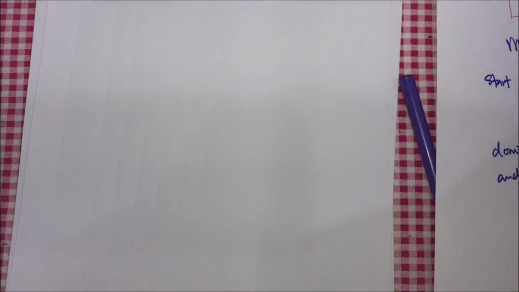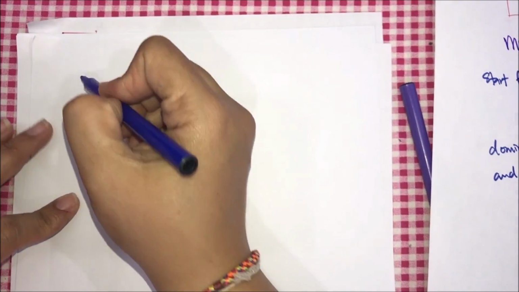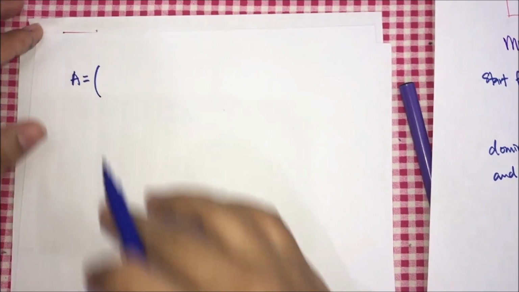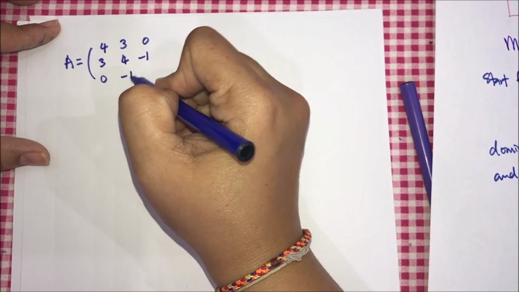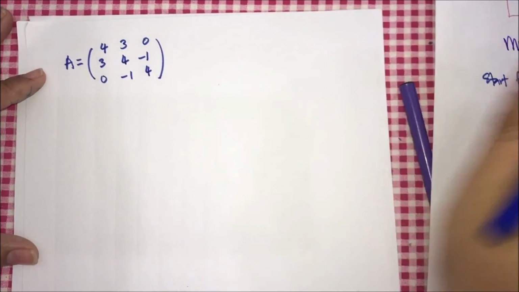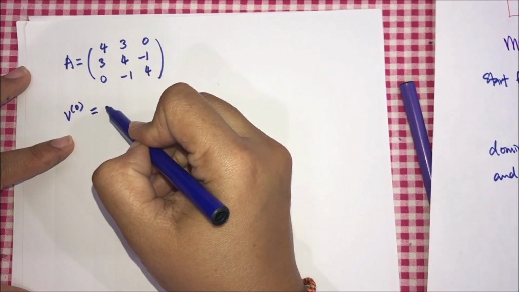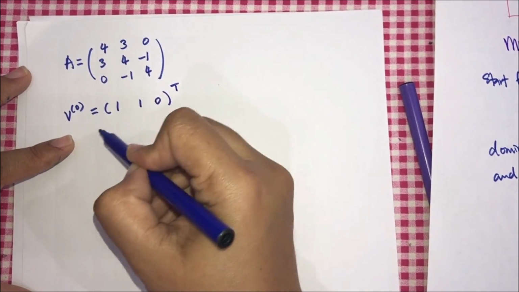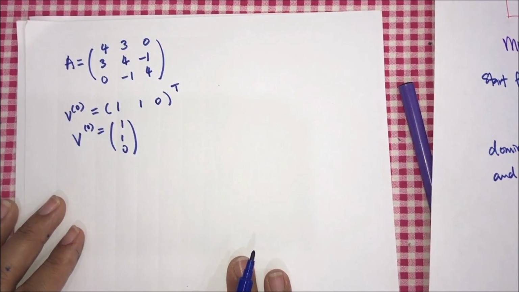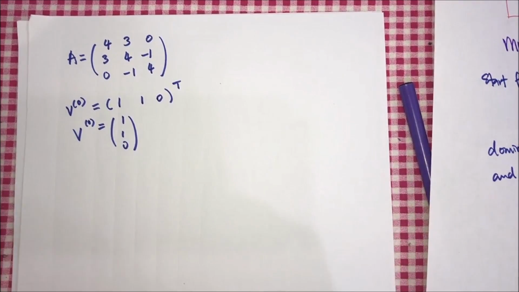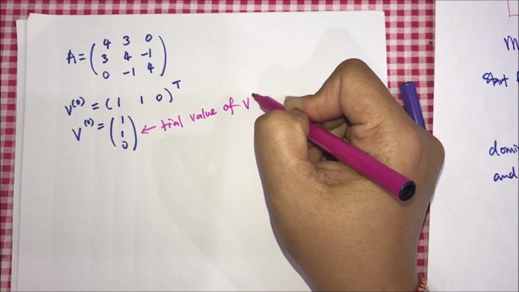Back to the question. We are given matrix A equal to 4, 3, 0, 3, 4, negative 1, 0, negative 1, 4, and the initial value of the eigenvector is 1, 1, 0, which is a transpose matrix, actually a column. So we already have the trial value of v naught.